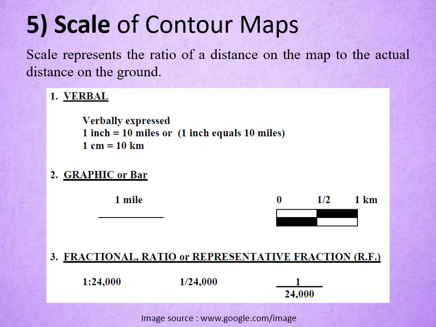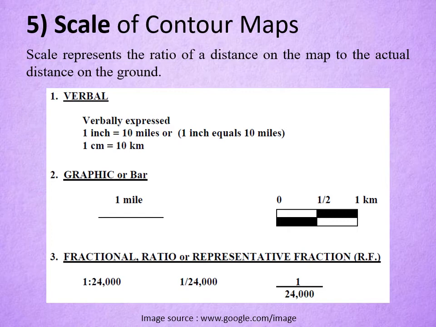Suppose someone asks you to draw the contour map of India. If someone tries to draw the entire Indian map in the same size, it will require a lot of paper to cover and it will be heavy. So what we do in our practical sheet is reduce the size of India so that we can represent it in our practical copy.